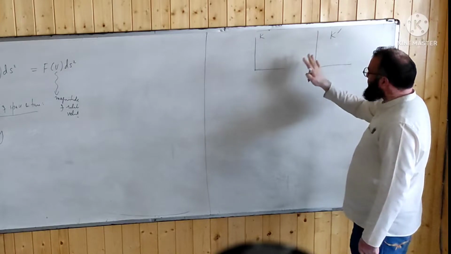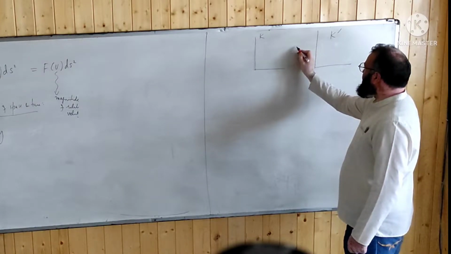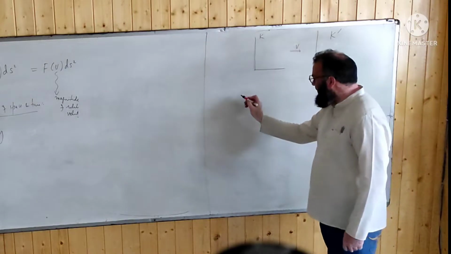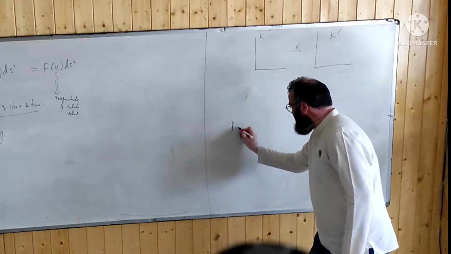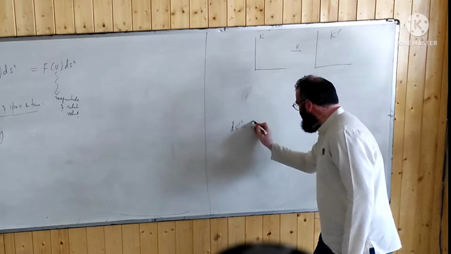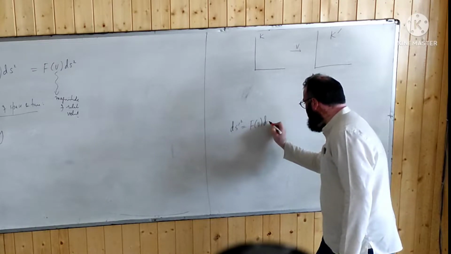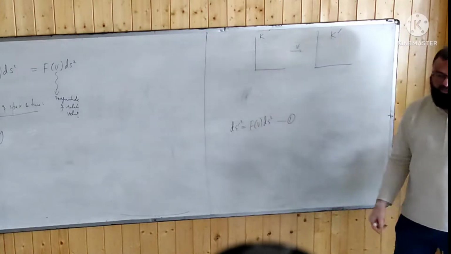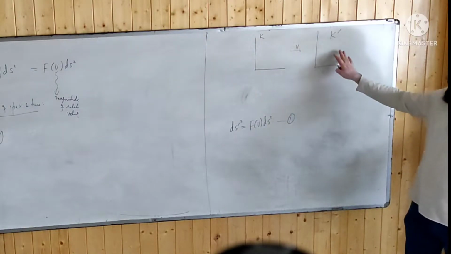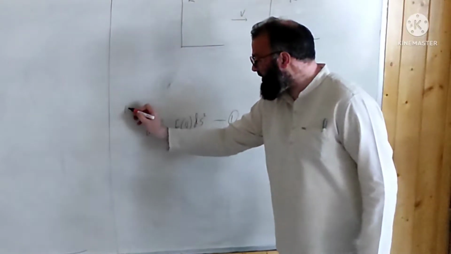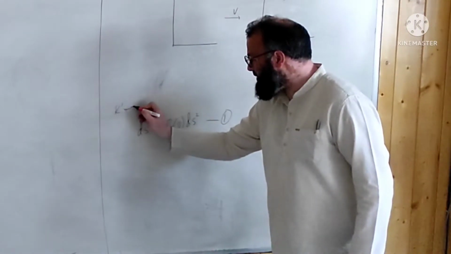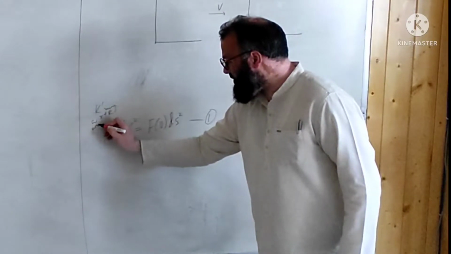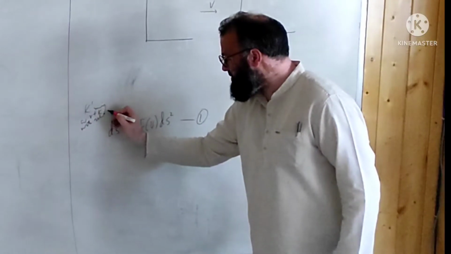Let's say this K prime moves with relative velocity v. By that very definition, ds prime square is equal to f of v ds square. I'm just rewriting that. So K prime is moving with respect to K with relative velocity v.